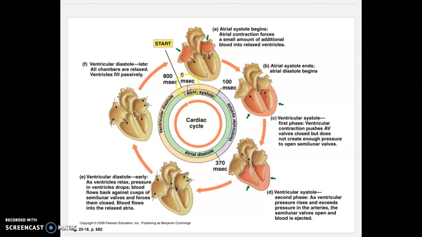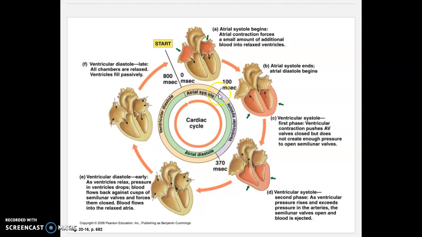All right, so again, we have two different things going on here. We've got what's going on with the atria. So we have atrial systole shown here, followed by atrial diastole shown here, here, here, and here. So we have atria going through contraction only in one picture, and the rest of the atria, we can see here in our graph, are going through a relaxation period.